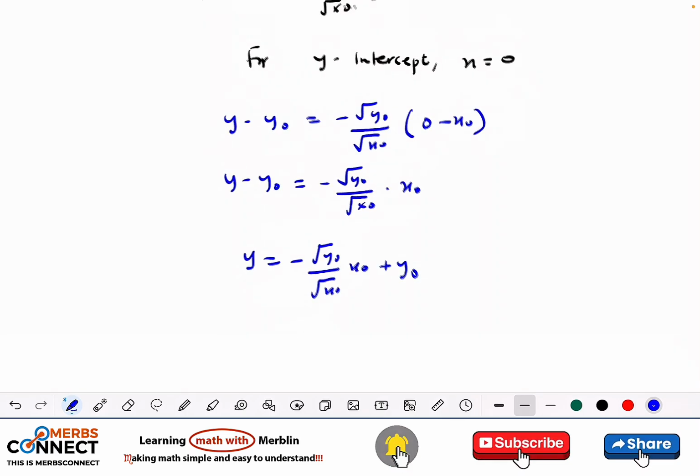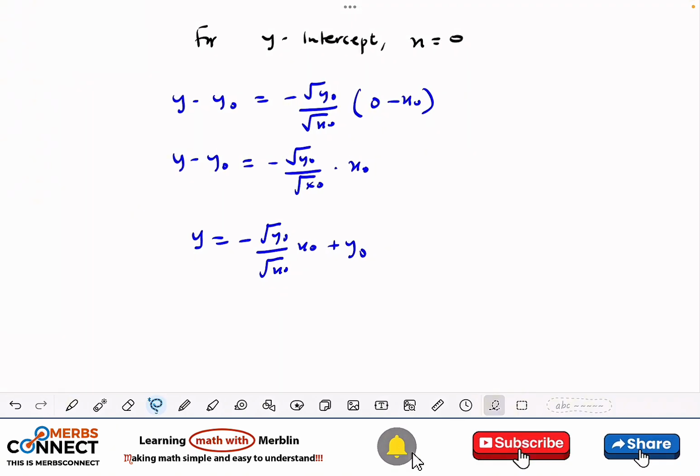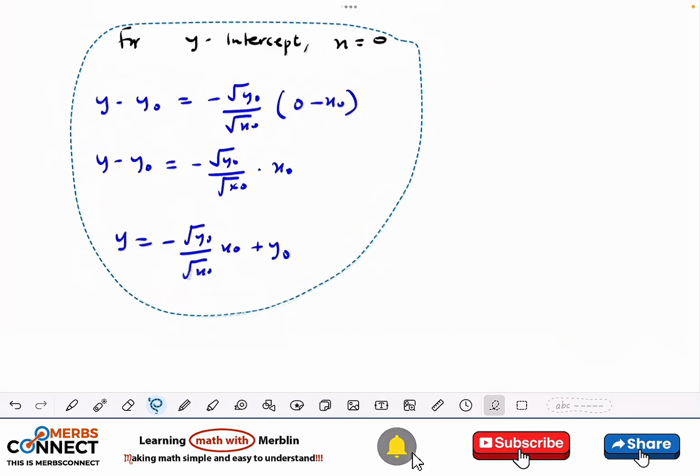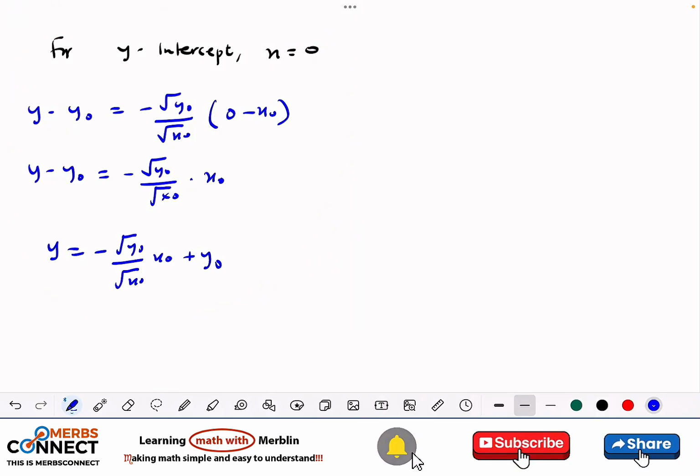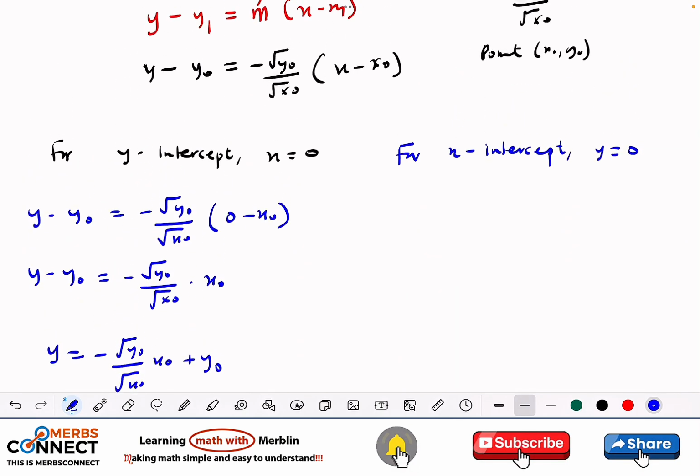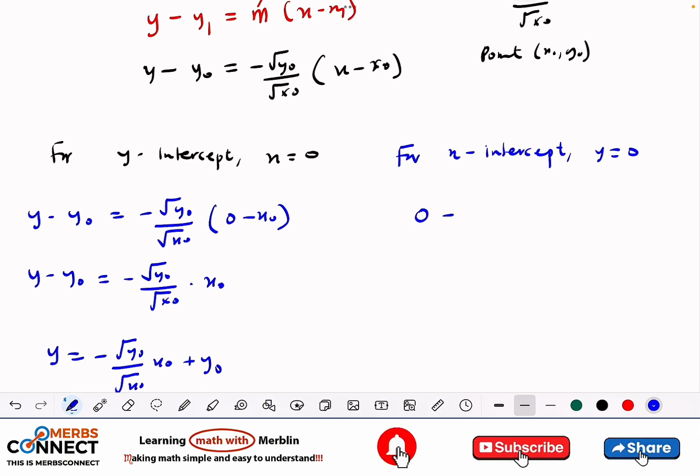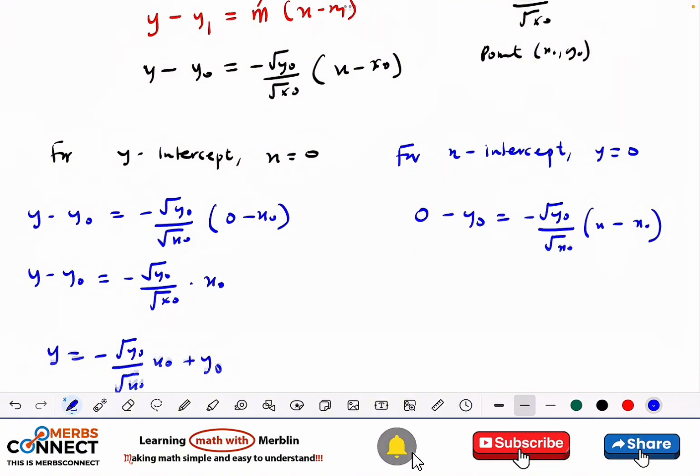Good. Let's solve for the x-intercept too so that we can just add them together and see what we are going to get. But I was trying to simplify this and just thinking about it. Let's see how we can do. So let's go for the x-intercept. The x-intercept is when y is 0. So let's make y 0. So this will be minus root of y naught divided by root of x naught, times x minus x naught.